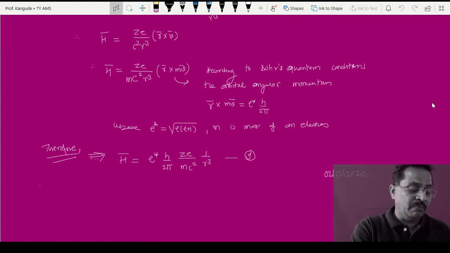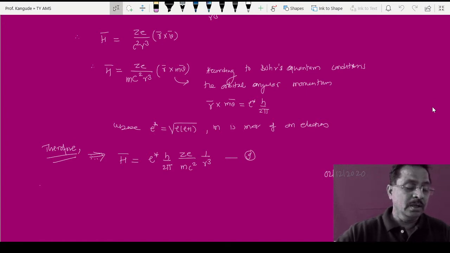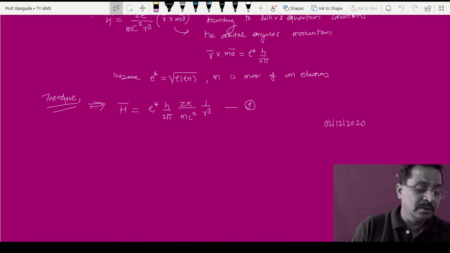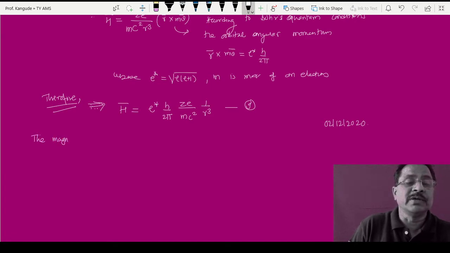Okay, now further to this, we'll just write further the magnetic moment of electron, this mu L. Let's complete this further. You can write these things as well.